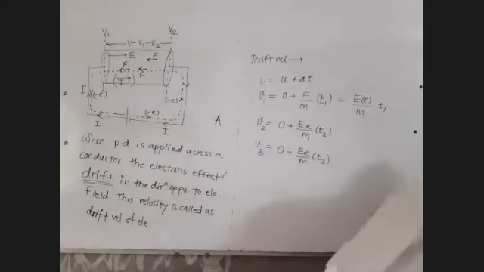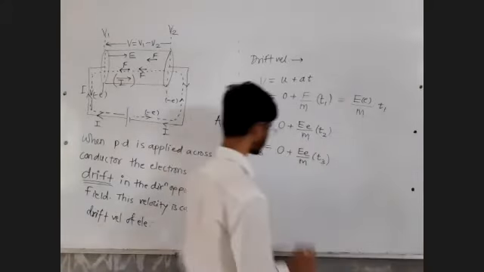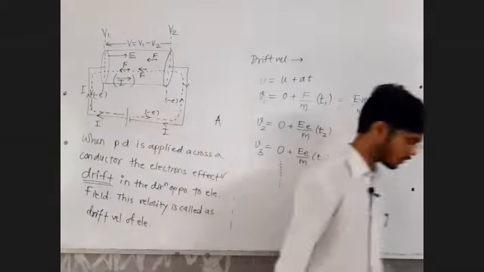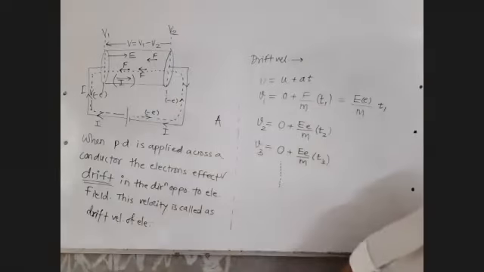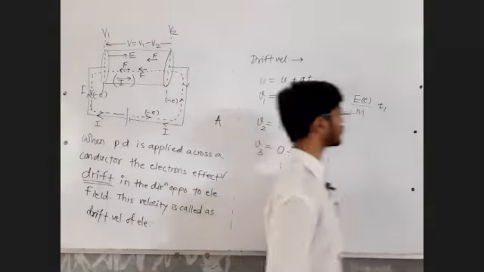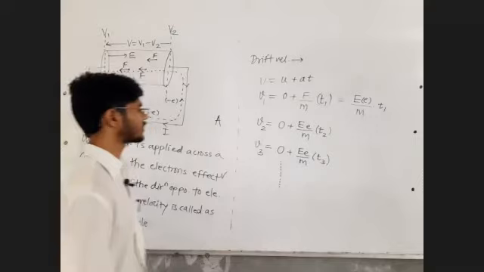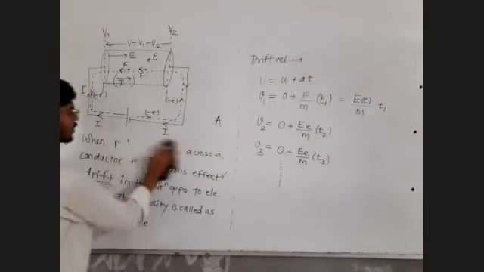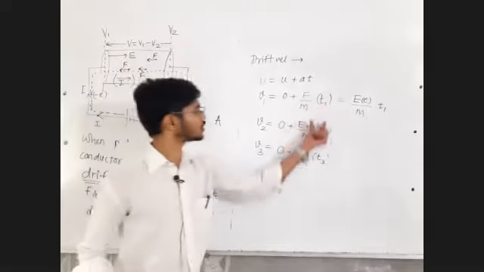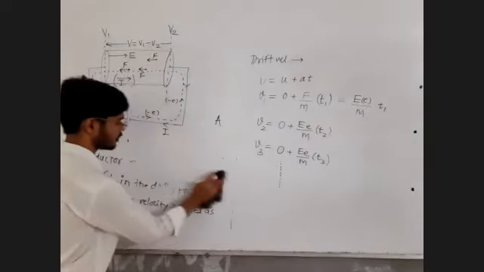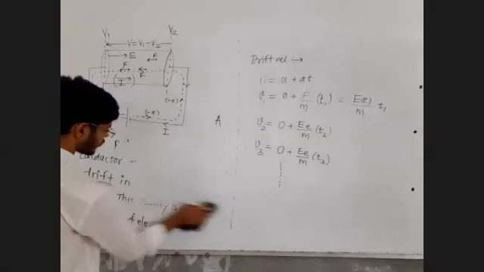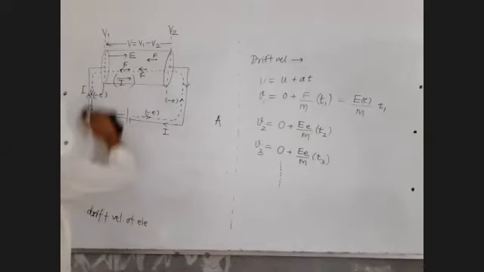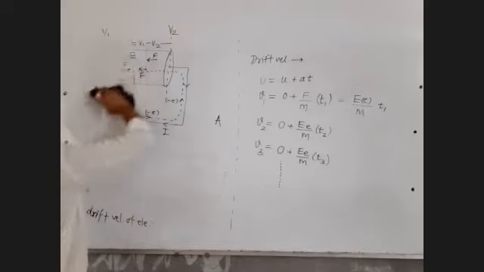So what you can do is just keep on writing like this. Over a period of time there will be thousands and millions of collisions of the electron when it is moving inside the conductor, and so on. After very short times it is going to collide, and after every collision we assume that it loses almost its entire kinetic energy.